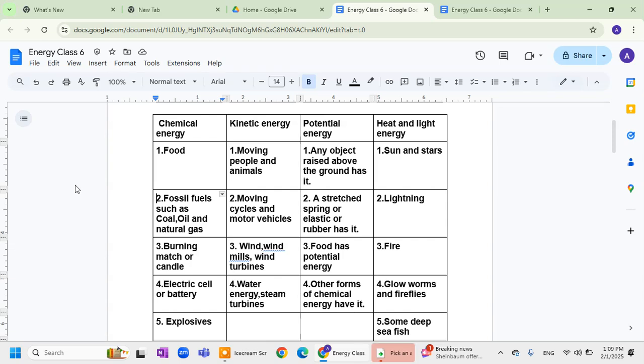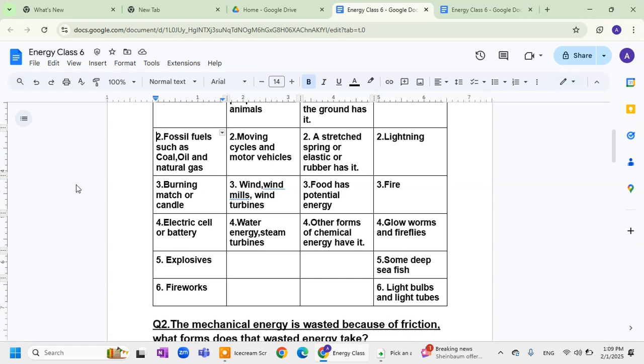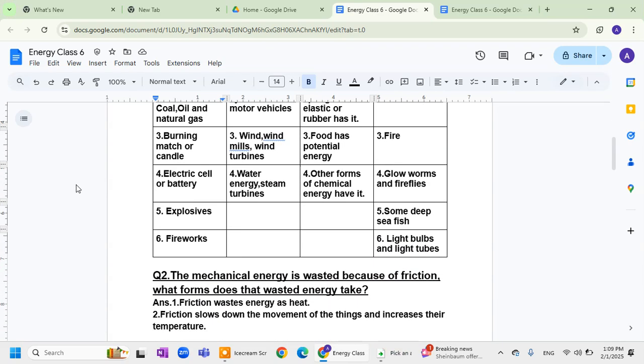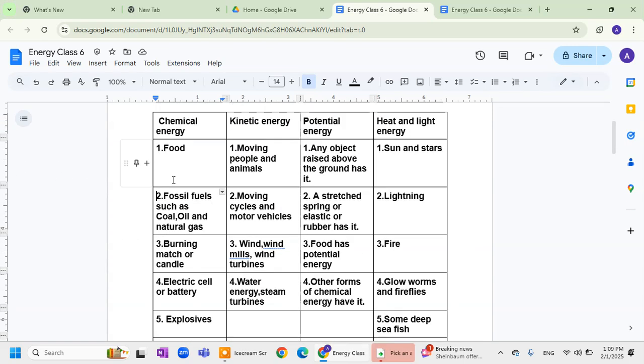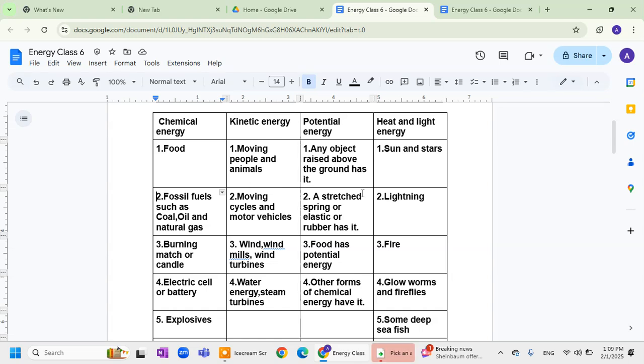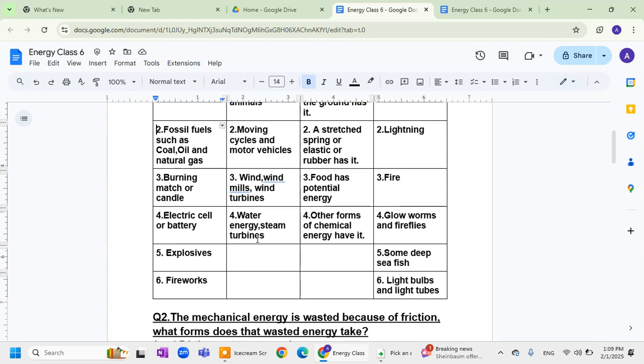It is present in the sun and stars, in lightning or fires, in glowworms and fireflies, in some deep sea fish, and in light bulbs and light tubes. So 6 examples are given for chemical energy, 6 for heat and light energy, and 4 for kinetic and potential energy.